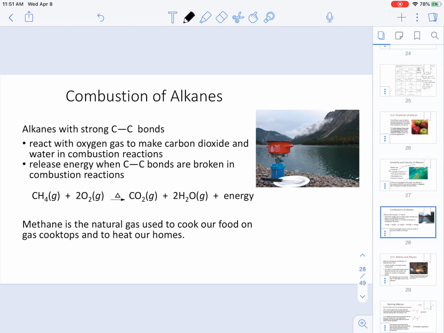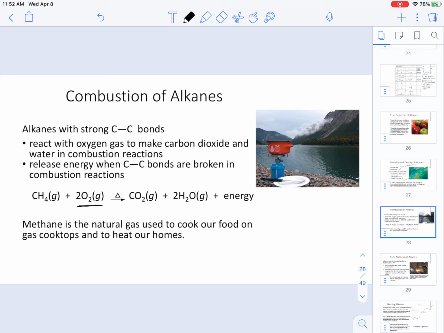As I mentioned in the previous slide, alkanes are going to undergo a combustion reaction. And hopefully you remember when we introduced the types of reactions in chapter 7, a combustion reaction is whenever you react a molecule, a compound, with oxygen.